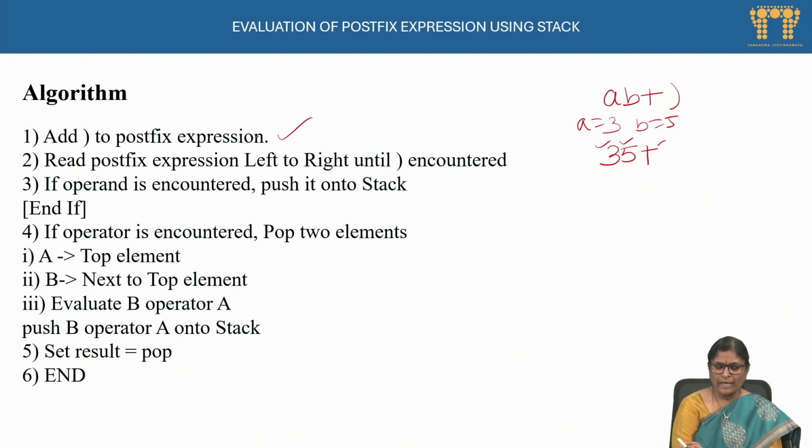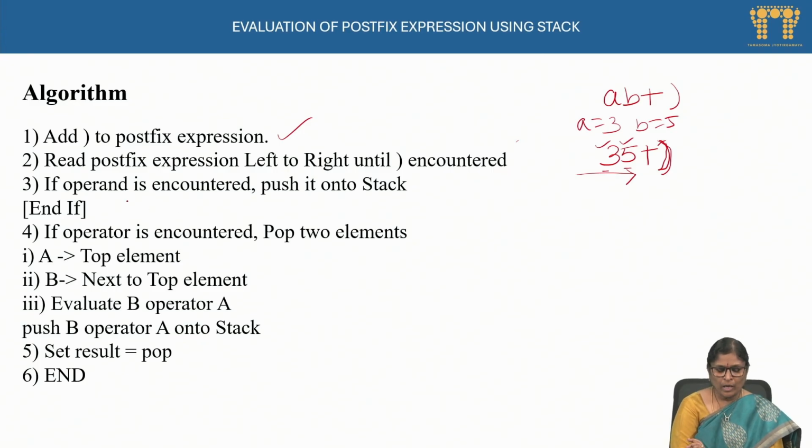So the first step is to add a right parenthesis, so I have added a right parenthesis at the end of the expression. Then read the postfix expression from left to right until the right parenthesis is encountered, which means you need to scan each and every operand and operator.